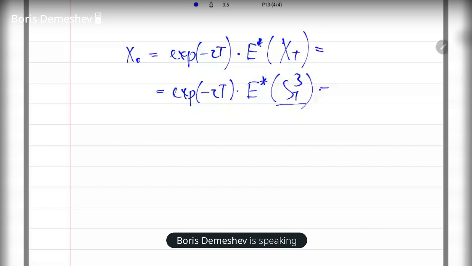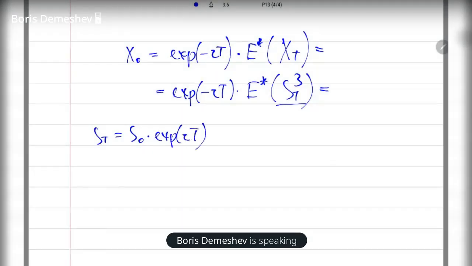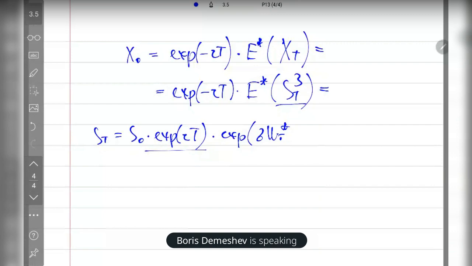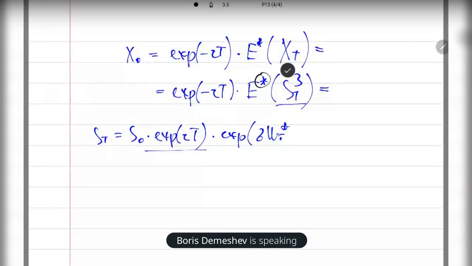We have an expression for ST. Let's recall that it is just S0 times exponent RT. Once again, I will use the expression with WT star, because I calculate expected value with respect to probability measure P star.